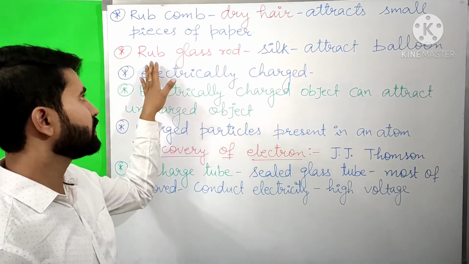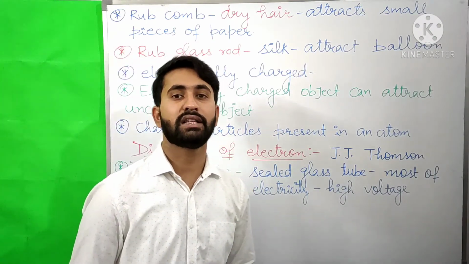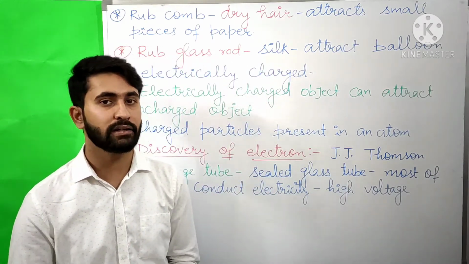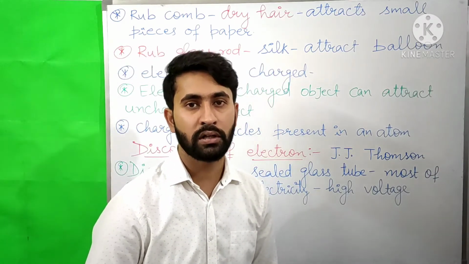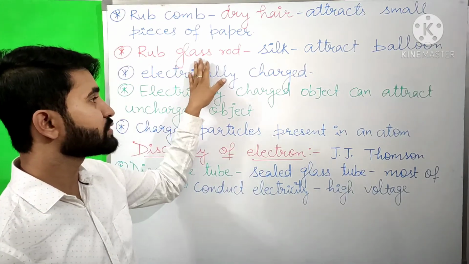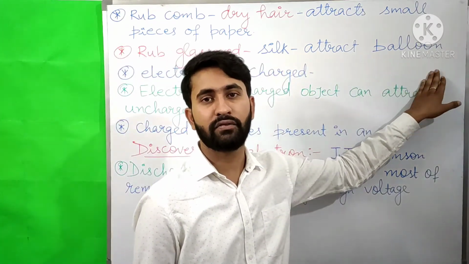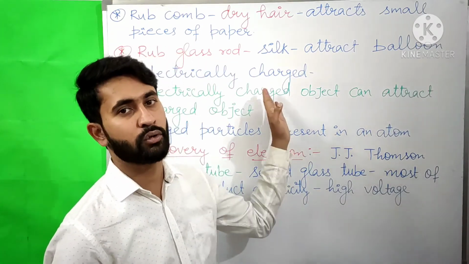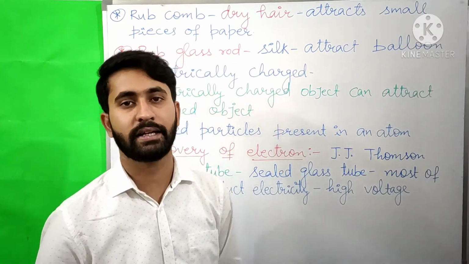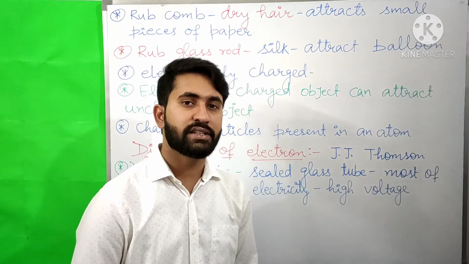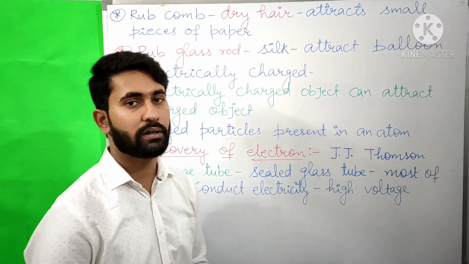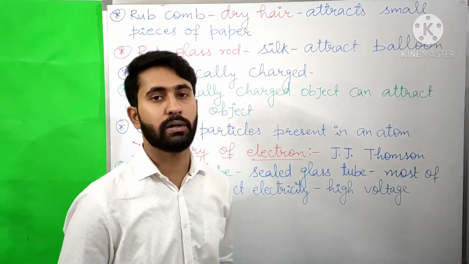Similarly, if we rub a glass rod with a piece of silk cloth and bring it near an inflated balloon, then the glass rod will attract the balloon. You might have read about these two phenomena in class 8th also. So why does this happen?